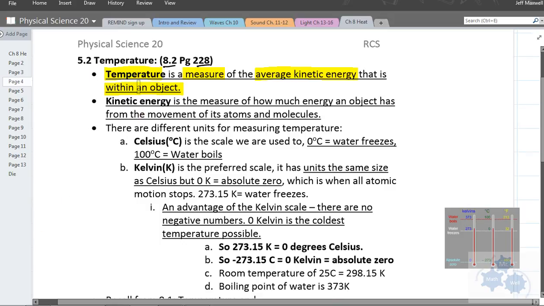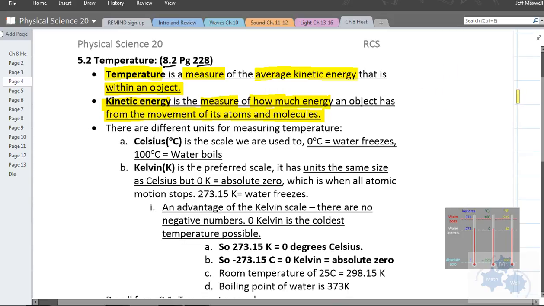The kinetic energy, okay, is the measure of how much energy an object has, due to the movement of its atoms and molecules. Okay? So what is kinetic energy? We're talking about average kinetic energy as temperature. Kinetic energy is the energy from movement of the particles.